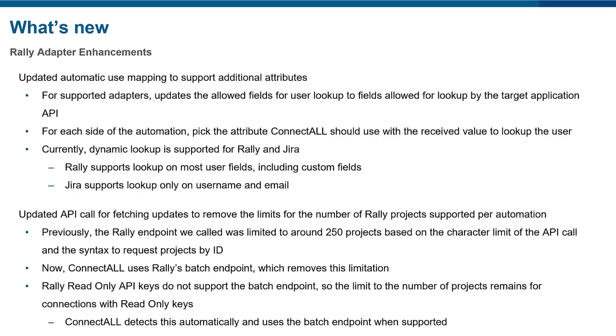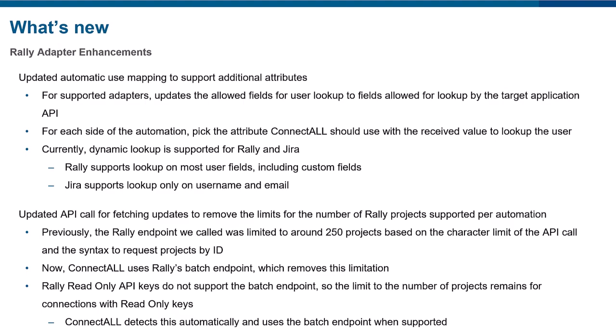On the Rally adapter side, we made an update to the automatic user mapping to support additional attributes. These changes are a little bit limited and represent a change in behavior to the automatic user mapping. So now for supported adapters, we've updated the allowed field values that could be used for lookup by the target application API.